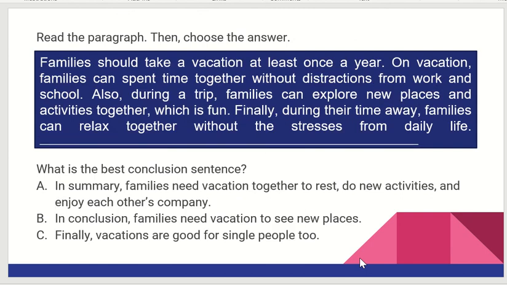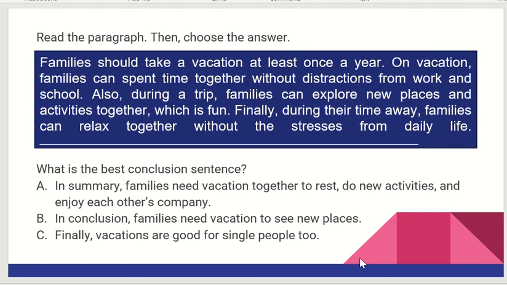So try to do the second one. Families should take a vacation at least once a year. On vacation, families can spend time together without distractions from work and school. Also, during a trip, families can explore new places and activities together, which is fun.